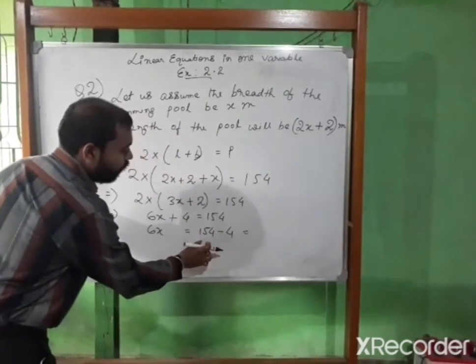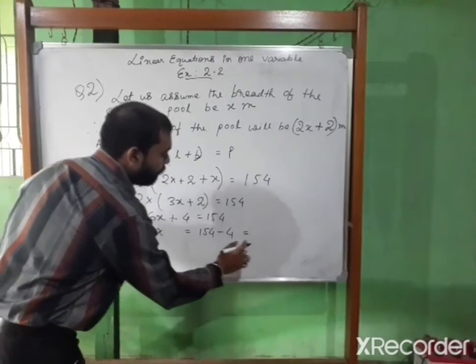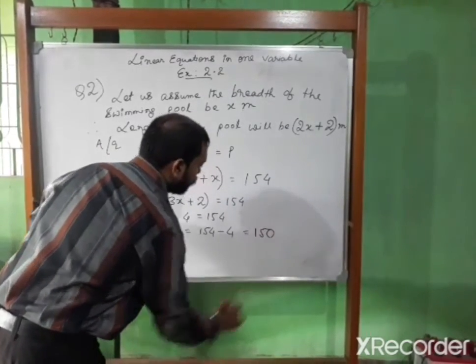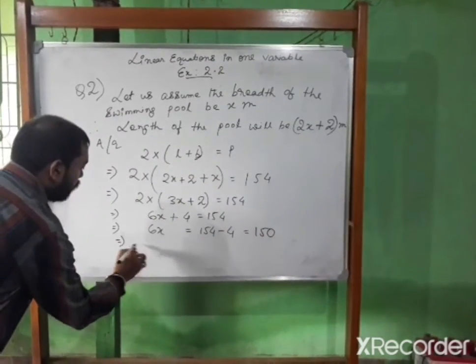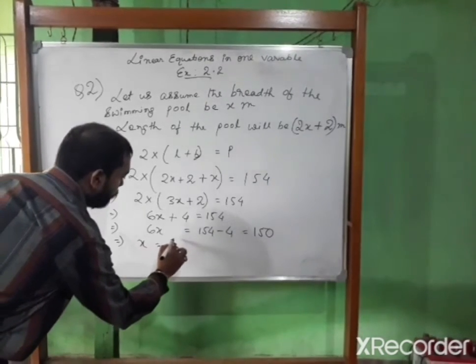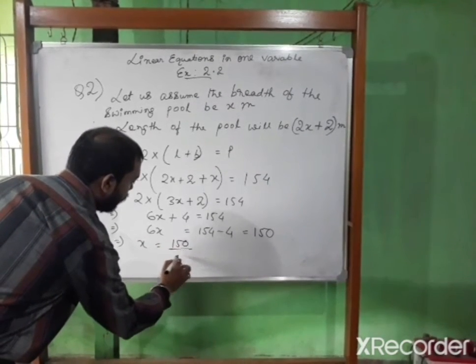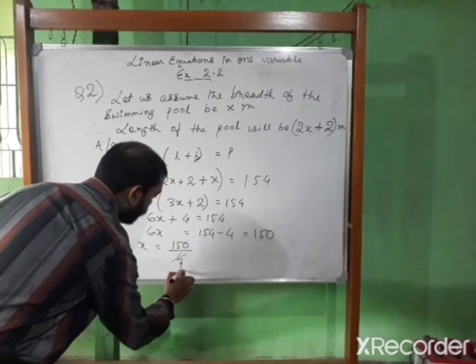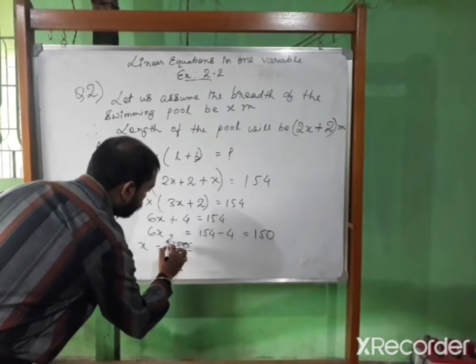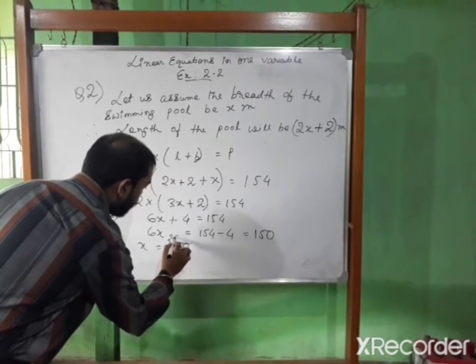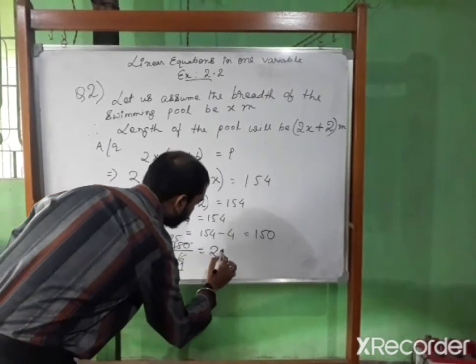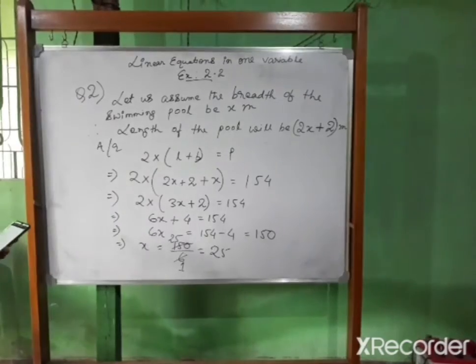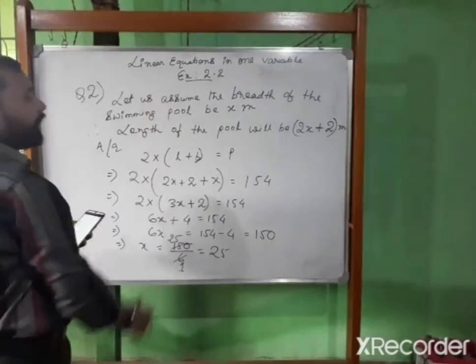If we subtract 4 from 154, it will be 150. Now what will be the value of x? It will be 150 divided by 6. Let us reduce it. 6 1s are 6, 6 2s are 12, and 6 5s are 30. So it is 25.